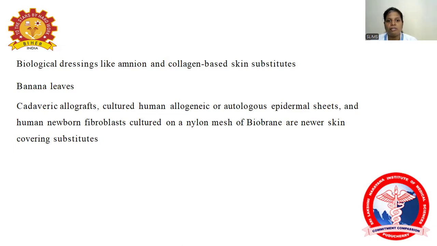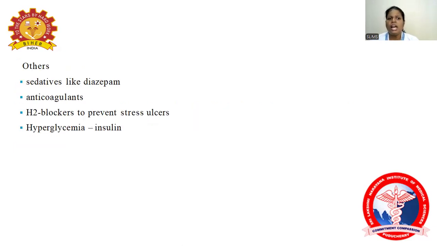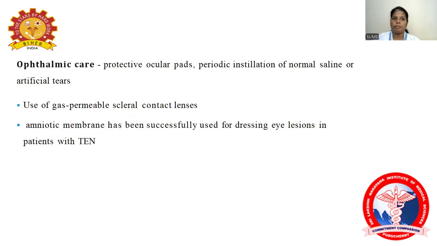Cadaveric allografts, cultured human allogenic or autologous epidermal sheets, and human newborn fibroblasts cultured on a nylon mesh or biofilm, or newer skin covering substitutes. Others, like sedatives like diazepam, anticoagulants, H2 blockers to prevent stress ulcers. Insulin can be given to control hyperglycemia.